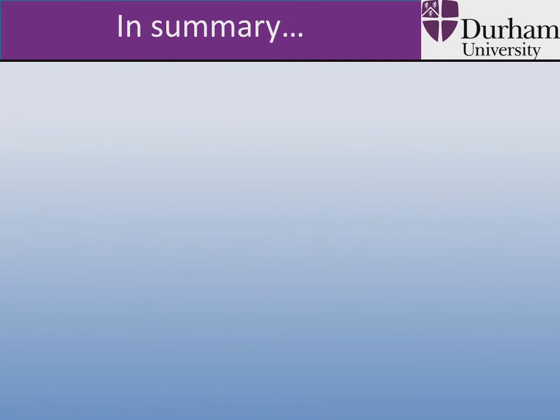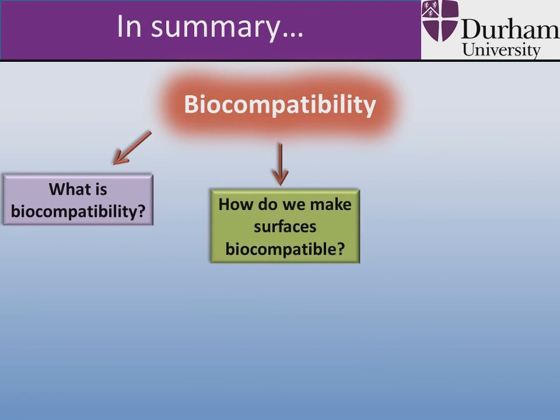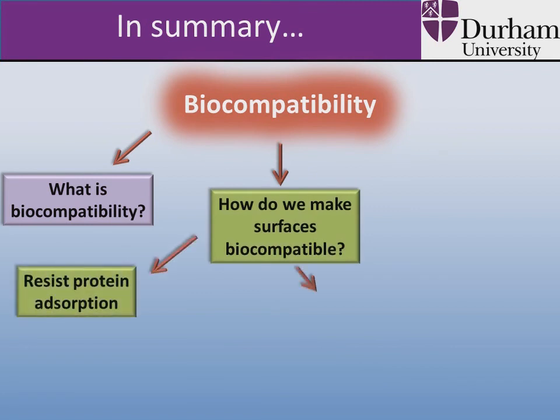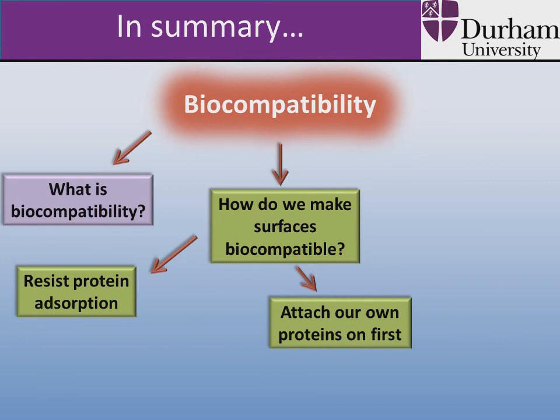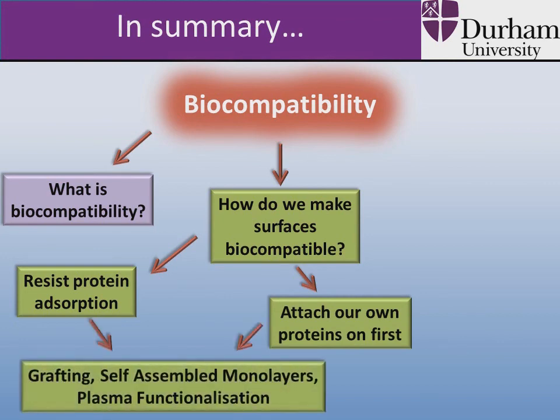In summary, we have briefly looked at why surfaces need to be biocompatible, and two methods being used to make them so, which are altering the properties of surfaces by having certain functional groups present to resist non-specific protein adsorption, or by immobilizing proteins or other biomolecules onto the surface in the correct conformation.